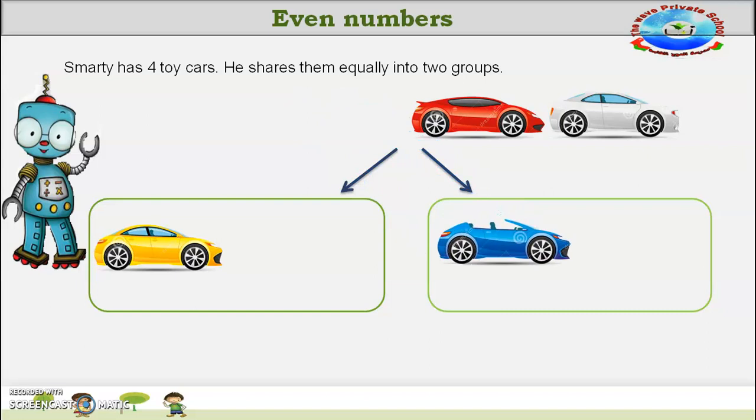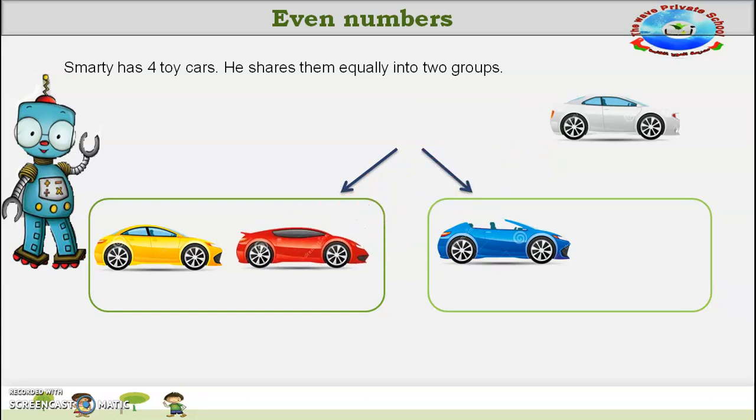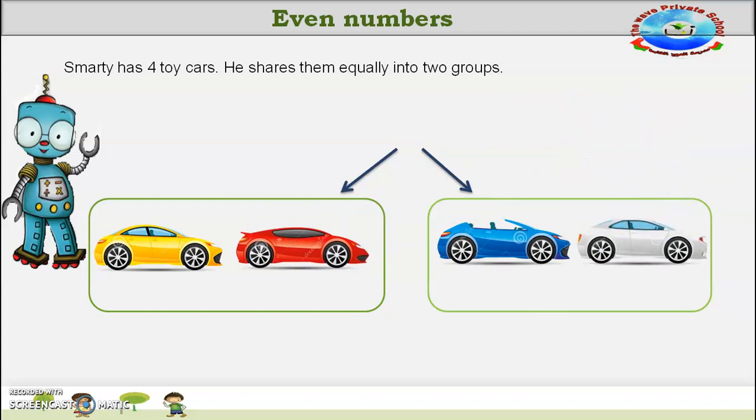If we give one car to the one group, we must give another car to the second group because we are going to share the cars equally into 2 groups. Now we have 2 more cars, so we can share them like this. Now, look here. Are there any cars left over?